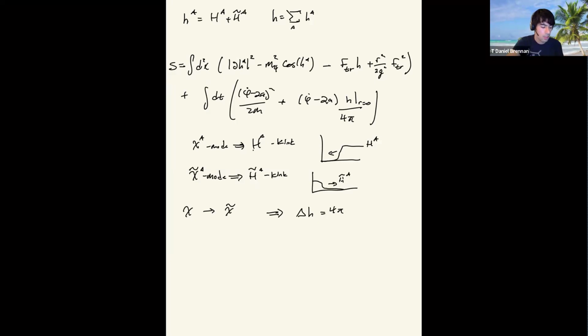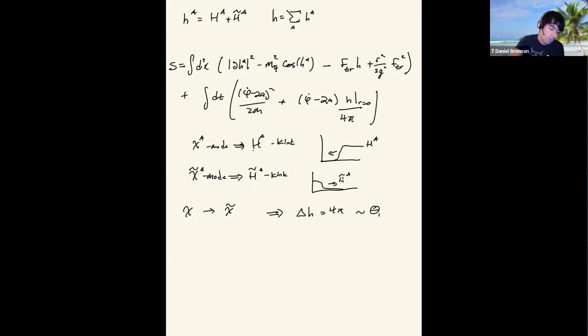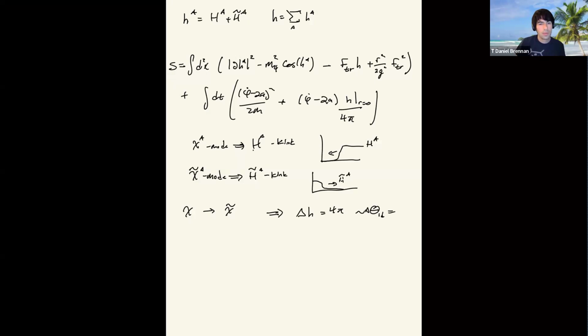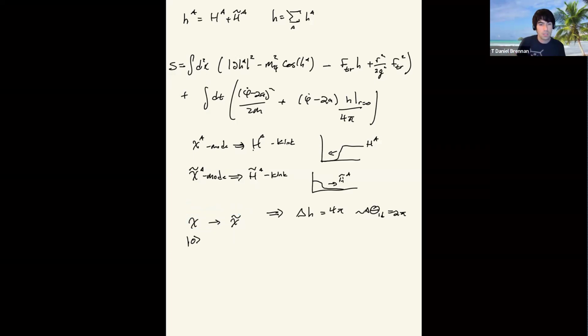And so in particular on the boundary, this looks like a shift of the one-dimensional theta angle, which is 2π. And what that means is that if you started in the monopole vacuum 0, what you end up with is a monopole whose vacuum state is given by the 1 state.